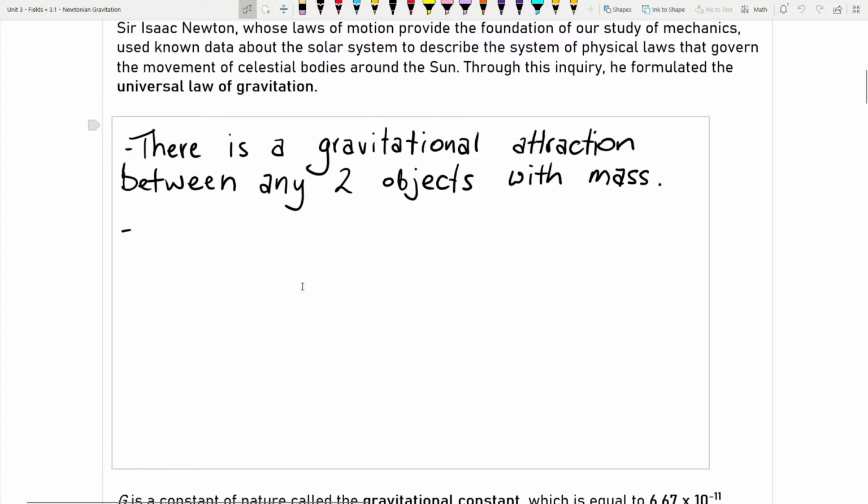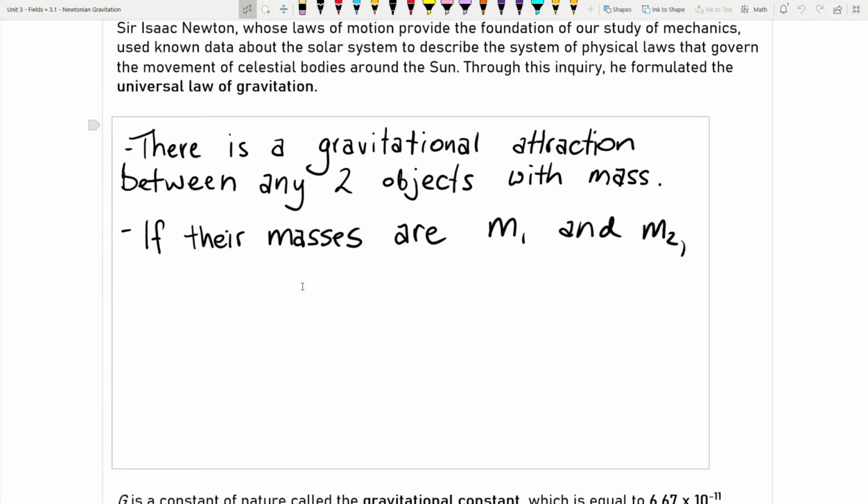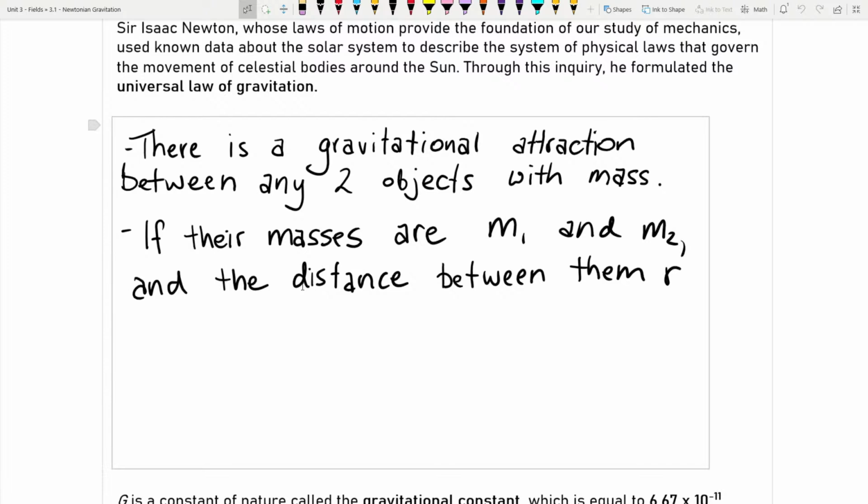And then we can say, if their masses, and we're just going to define some variables here. We're just going to say our M1 and M2, and the distance between them are, and I'm going to color code these.